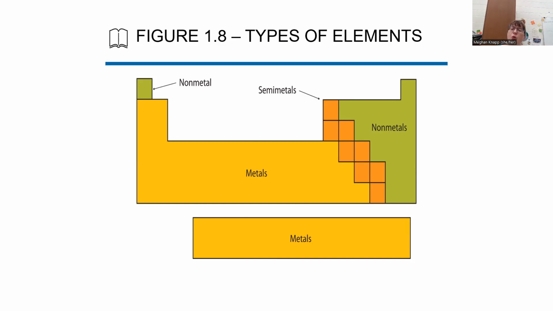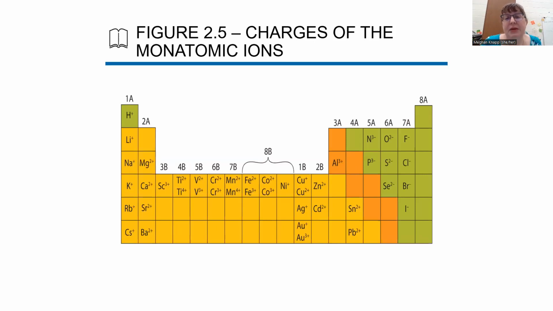Okay, so one of the things that makes a difference between a metal and a non-metal is the charge that it takes on. Metals are typically going to form positive charges. Non-metals are going to form negative charges. So if we look over on the yellow portion, the middle and the left-hand side, we see all of these are positives.